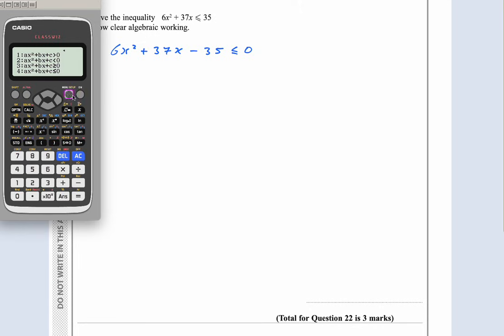So, sorry, I should maybe do that again. We start by going menu, then we go to inequality here, then go to degree 2, go to the fourth one, because that's what my one looks like, it's less than or equal. This is 6, this is 37, and this is minus 35. Press enter. Now we get a solution.